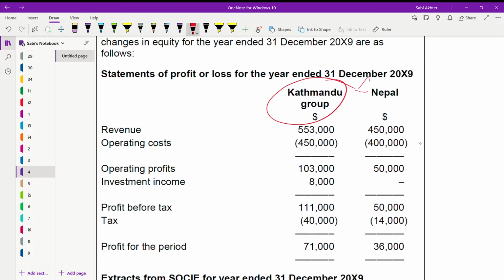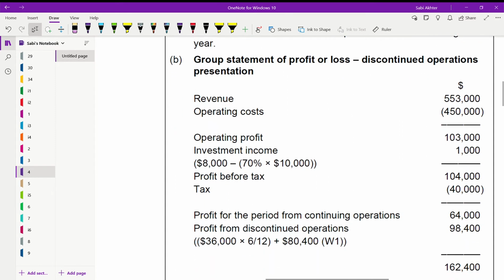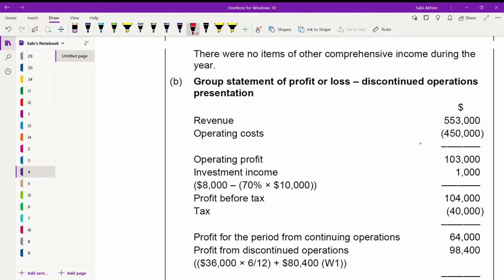You are just writing it as it is, and you are reaching here 71,000 from the Kathmandu group. But we have one more investment income. This you have to deduct: 70% of the dividend 10,000 you have to deduct from this 8,000. And then profit before tax and tax, because that's a dividend from an associate.